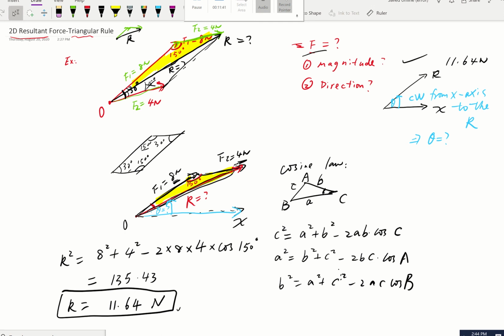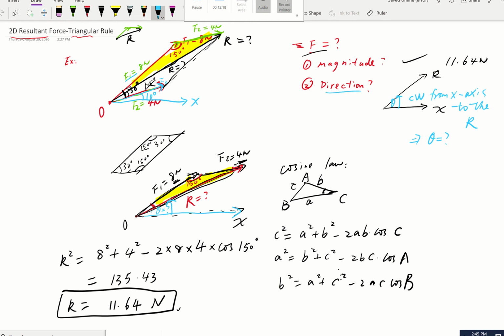We said that this F2 right here is relative to the x direction. We said this angle is 10 degrees. If that's the situation, then you know this F2 is 10 degrees counterclockwise from the x direction, and you will know F1 is 10 plus 30, 40 degrees counterclockwise from the x-axis. Now we can solve the direction for this resultant.